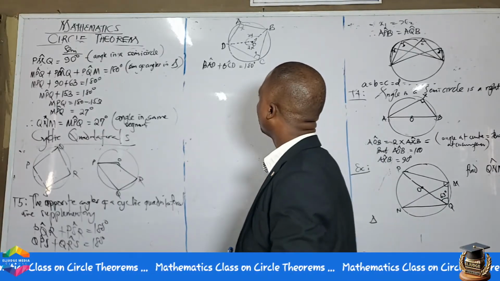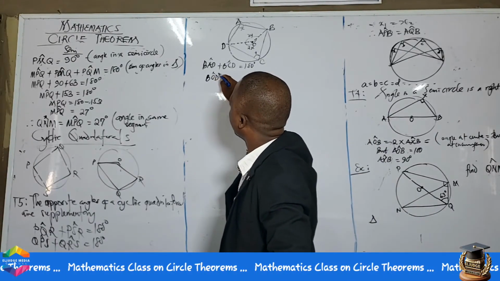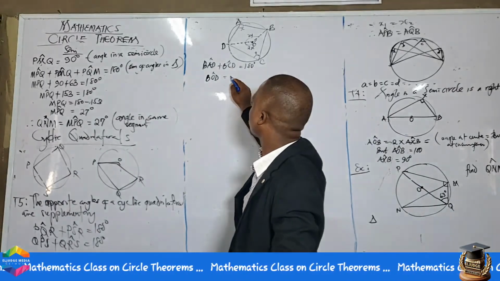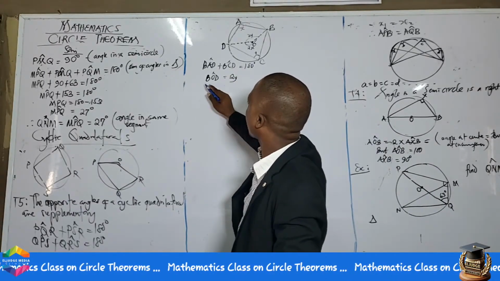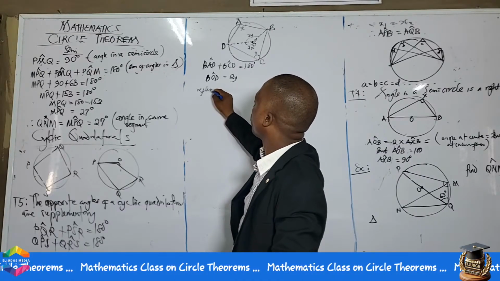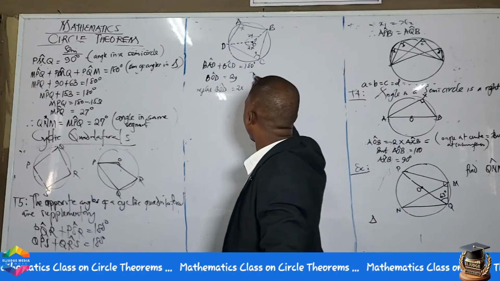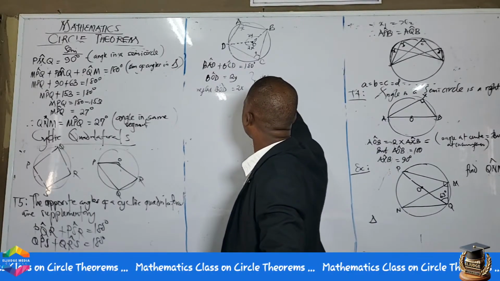So the first thing, we have noted that angle BOD equals 2y. Reflex angle BOD equals 2x. And these are angles at the center.